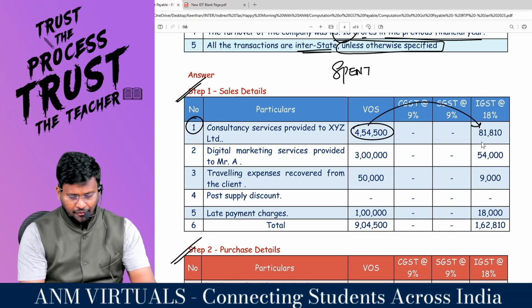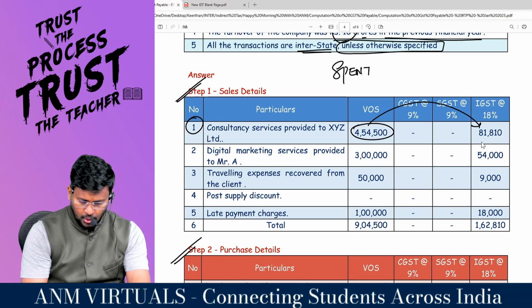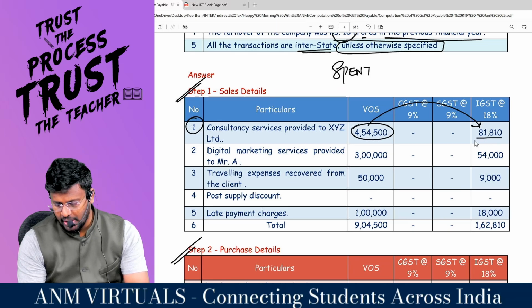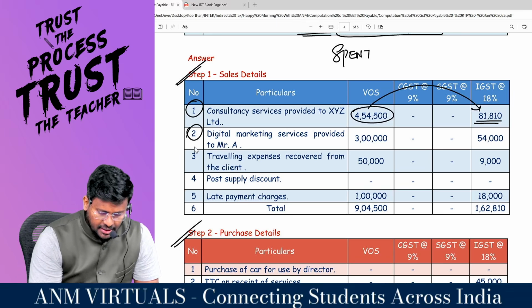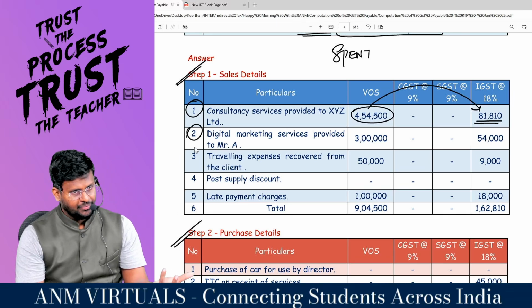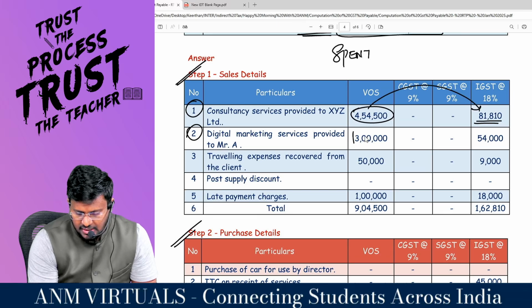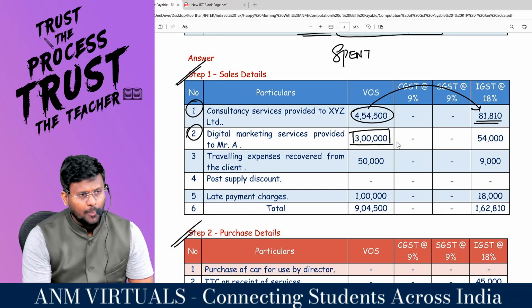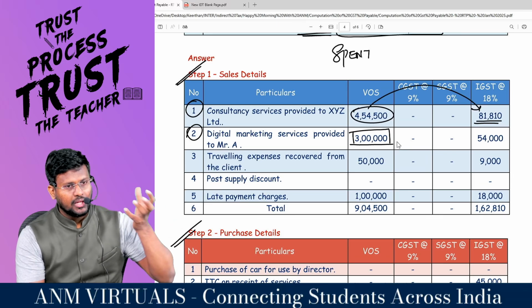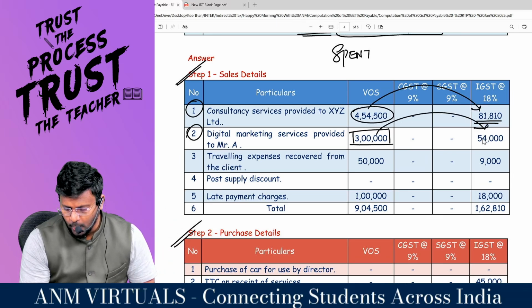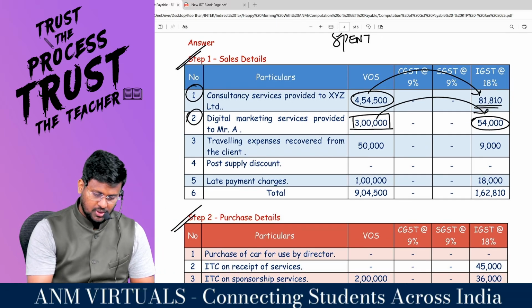So 4,54,500 into 18% comes to 81,810. Comfortable? Digital marketing services provided to Mr. A. Sir, 3 lakh rupees is the value of supply. Even though they paid 25,000 to some other person, sir, it should be included in the value of supply. So 3 lakh into 18% comes to 54,000.